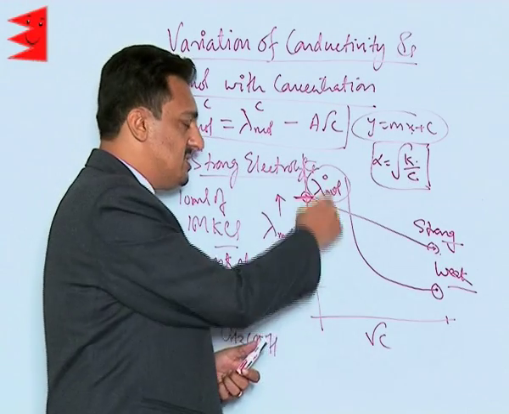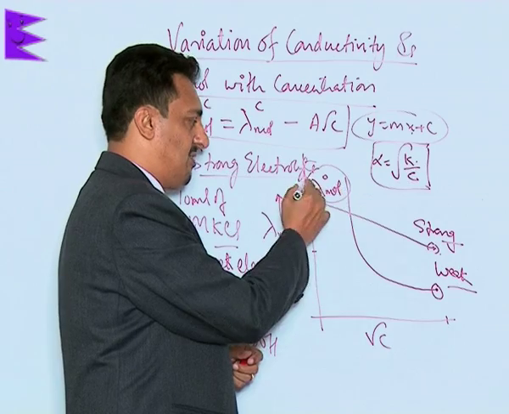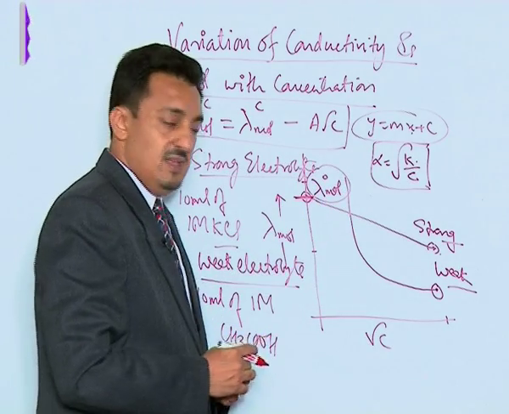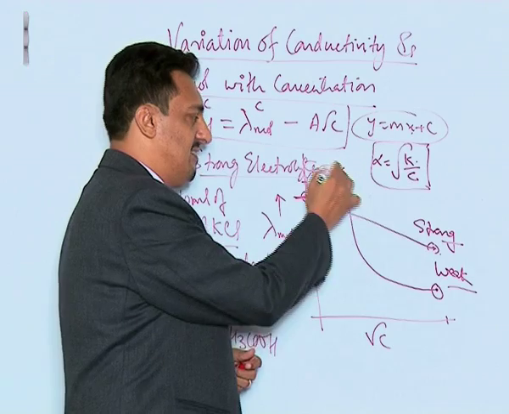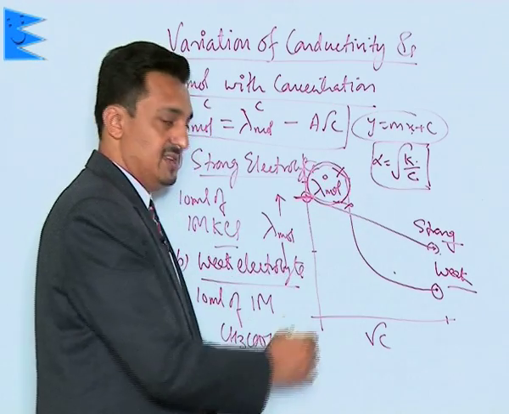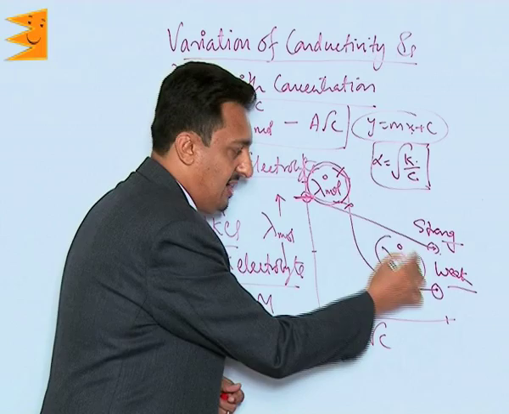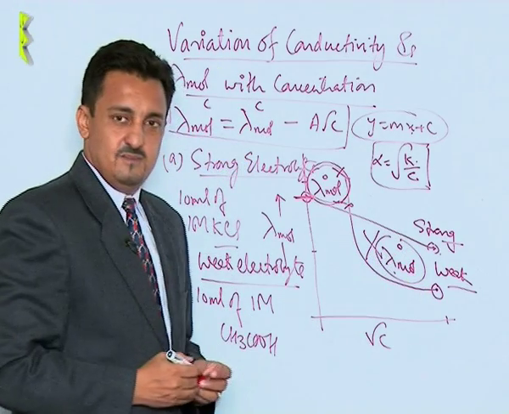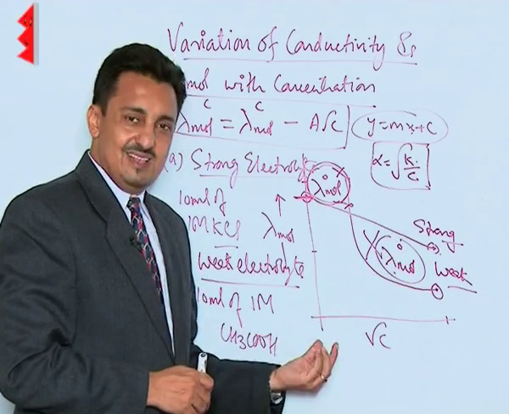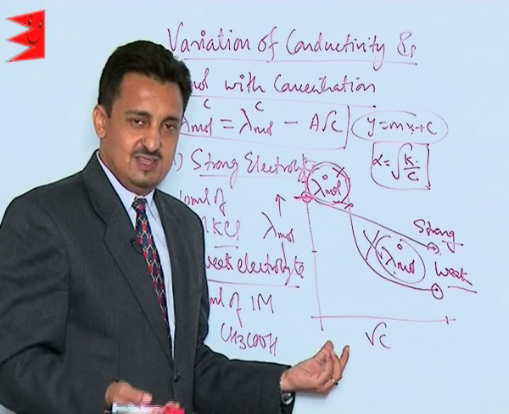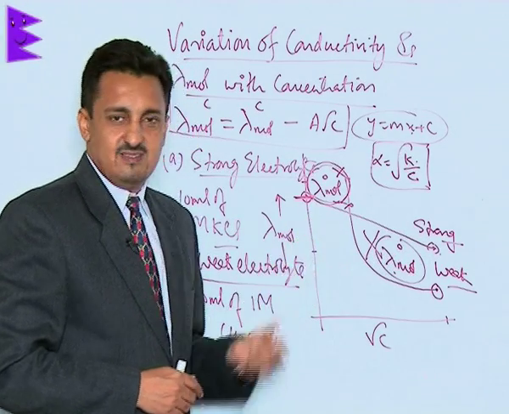But due to this much steeper increase, the graph of this weak electrolyte doesn't cross the y-axis. Therefore, we are never able to know the molar conductance at infinite dilution for weak electrolytes. We cannot find out experimentally the limiting molar conductance of a weak electrolyte, because it doesn't dissociate completely, so we can't get its limiting value, and the graph doesn't cross the y-axis.